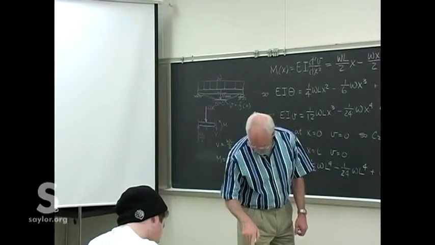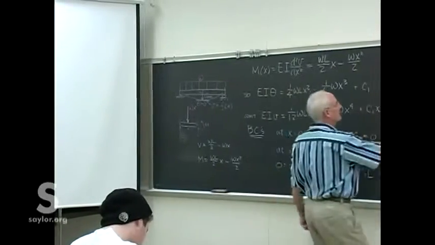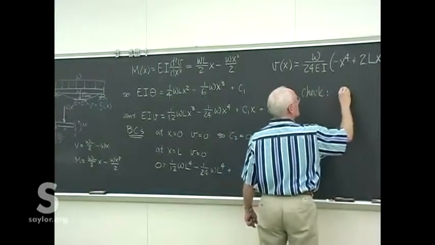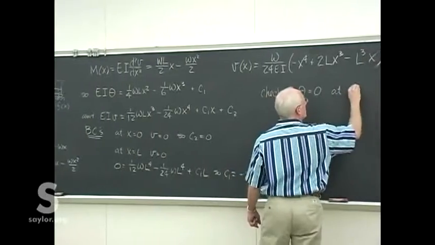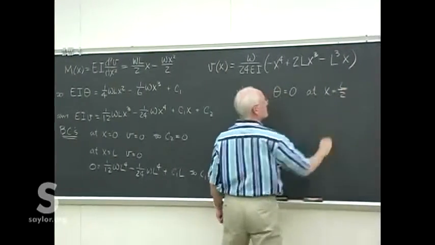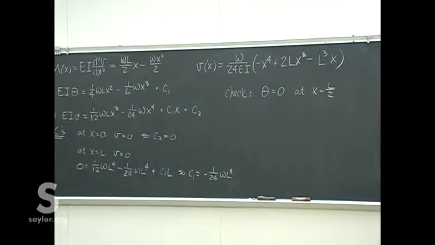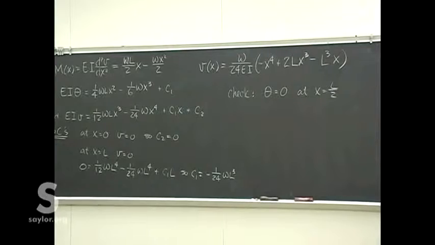So you can check that. In fact, you guys take a couple minutes just to do that. Check that theta equals 0 at x equals L over 2. If it doesn't, by symmetry, we know we screwed something up, so you can use that as a check.